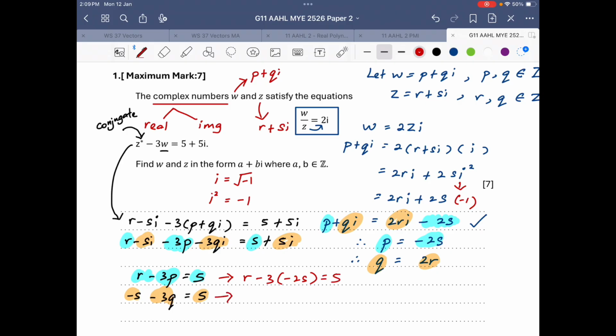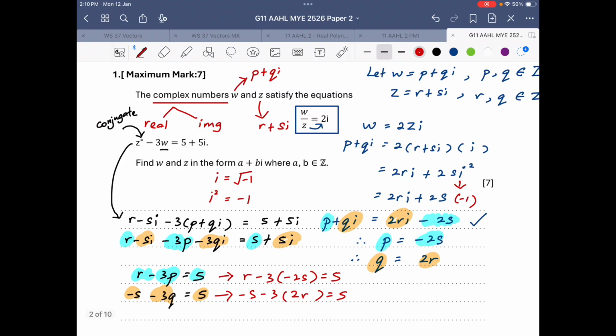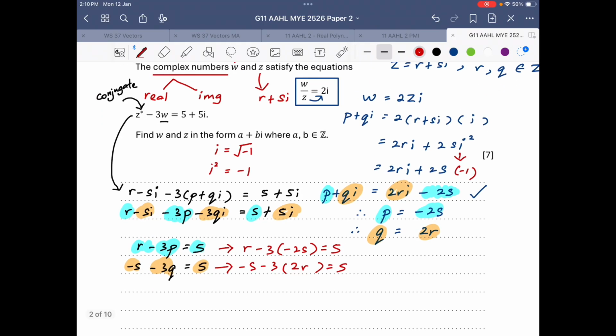We also change this one: negative S minus 3Q, where Q equals 2R. We replace Q by 2R. So we have a new equation now. Not enough space, let me push it up. So now what do we have? R plus 6S equals 5, and 6R minus S equals 5.